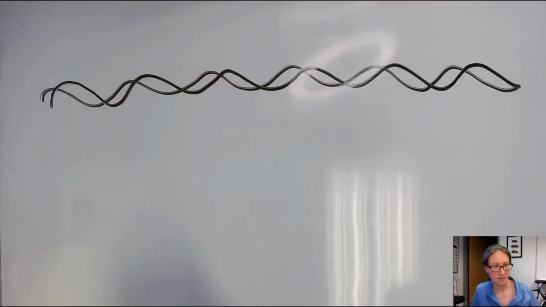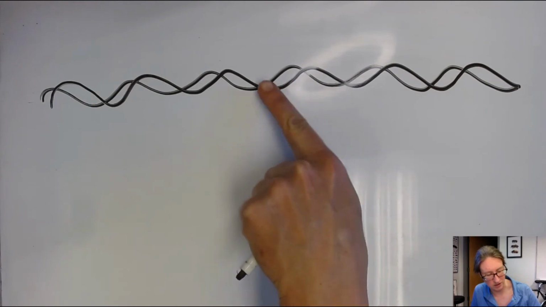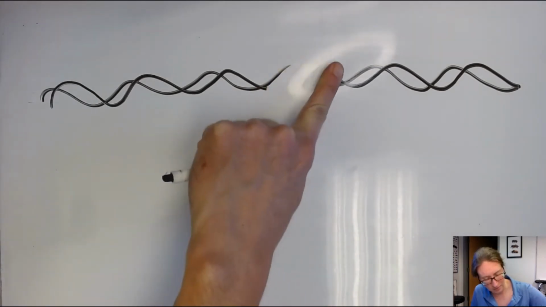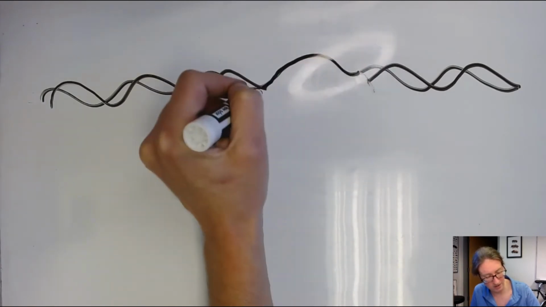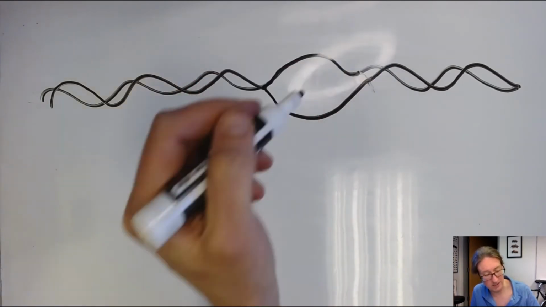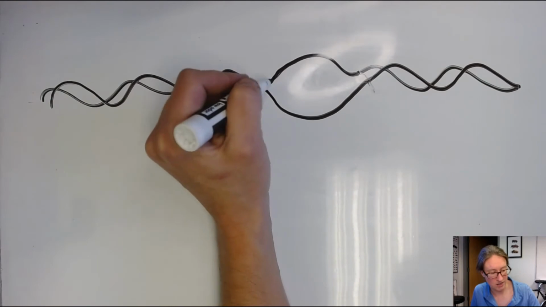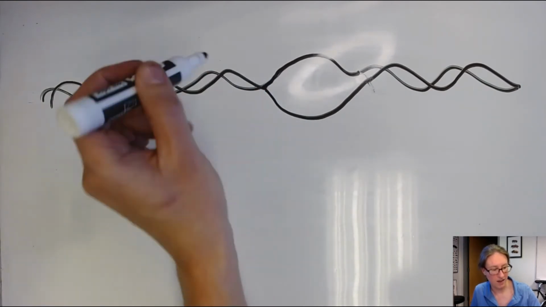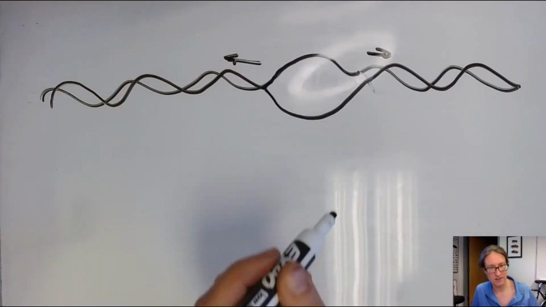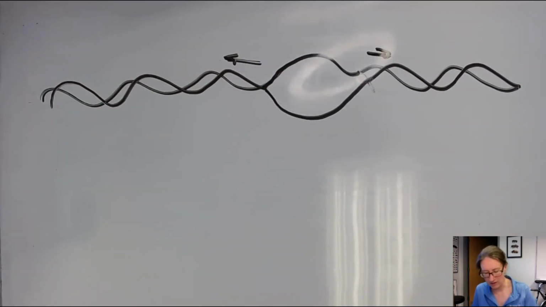So if helicase comes in and starts to unwind those pieces of DNA, what it actually does is it forces some of the coiling out to the left and to the right.